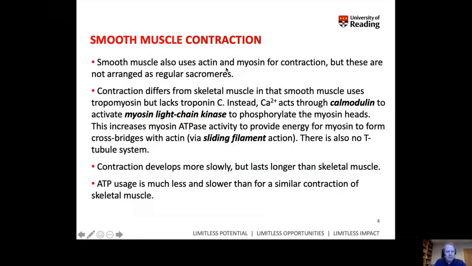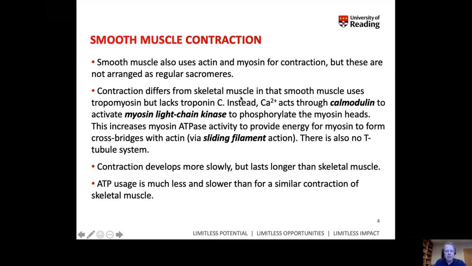Smooth muscle, as we said, also uses actin and myosin for contraction, but these are not arranged as regular sarcomeres. Regular sarcomeres are a feature of skeletal muscle, as we've seen before. So this is maybe the main difference here.